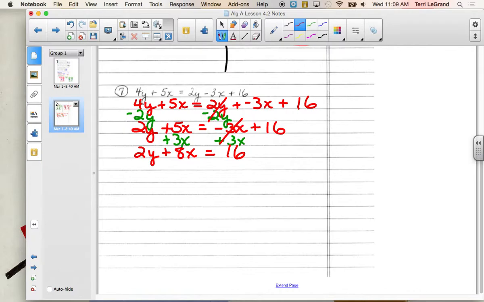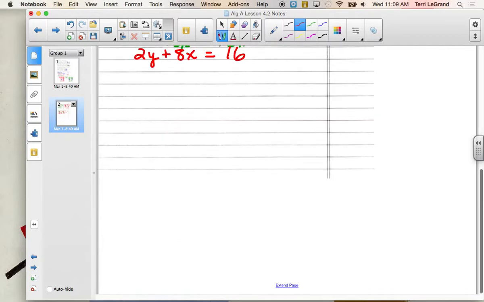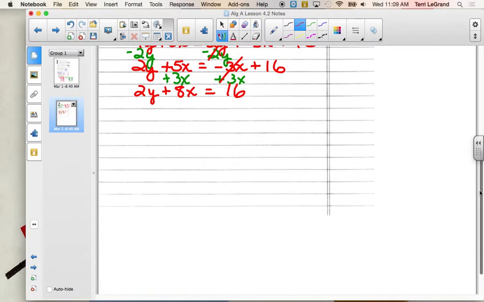So now our equation is actually a little more user-friendly. It's ready to find the x-intercept. Let's find that one first. What do we do when we're finding the x-intercept? Rose? You put 0 in for y.